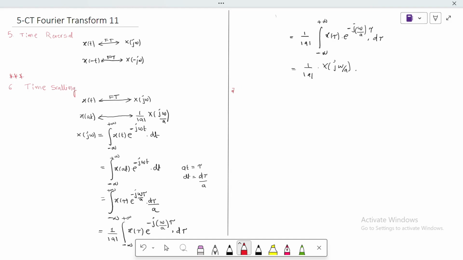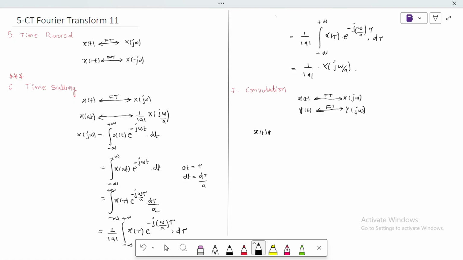The seventh one is convolution. It is also important. Convolution in the time domain: x of t has Fourier transform x of j omega, and y of t has Fourier transform y of j omega.